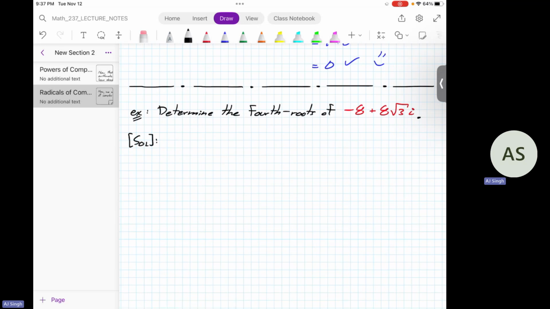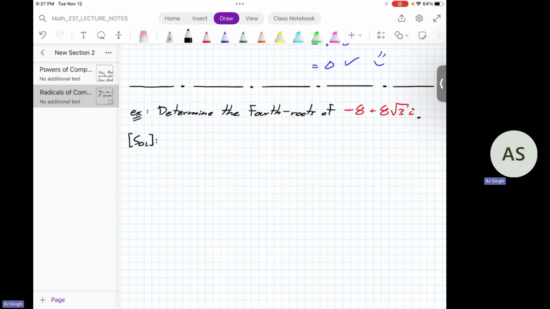It's going to be exactly the same process. Step 1, convert to polar. Step 2, denote the fourth root as r angle theta and then apply de Moivre's theorem stuff. Step 3 is find the r and theta. And for the theta, you have to consider coterminal angles, right?